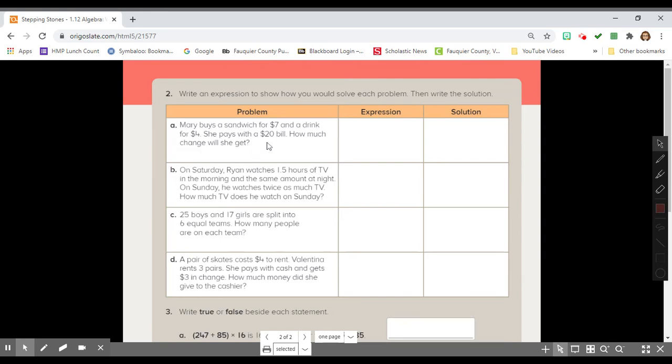Okay, so we know that when you have a $20 bill, you start off with 20, right? Okay, so she started with 20.